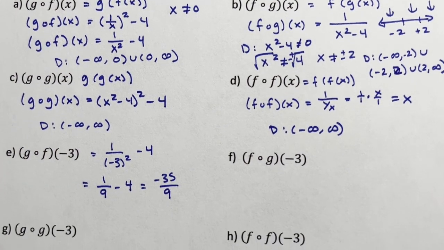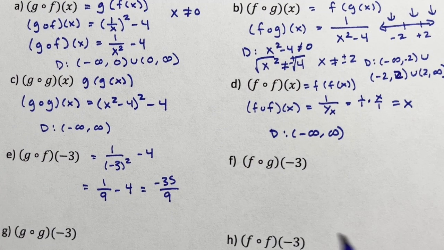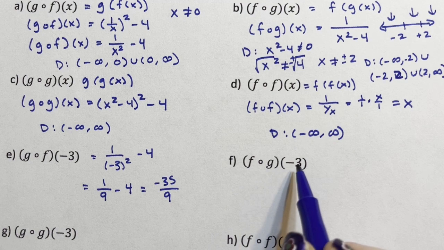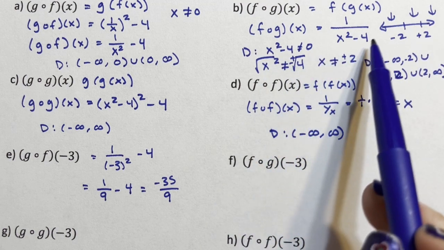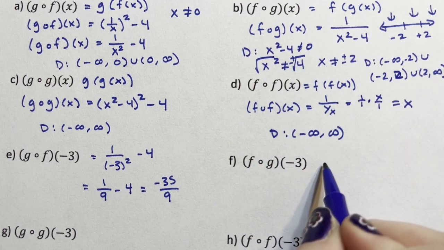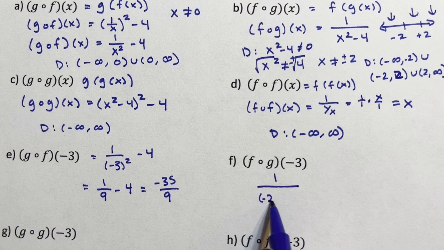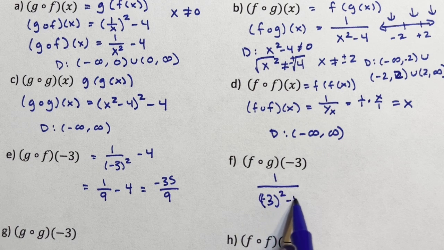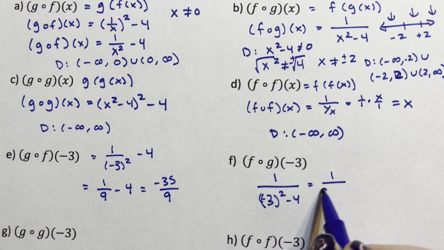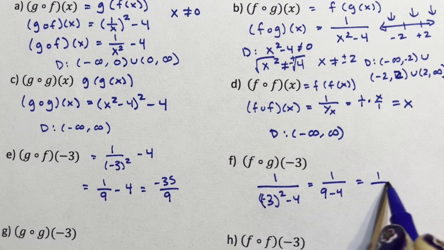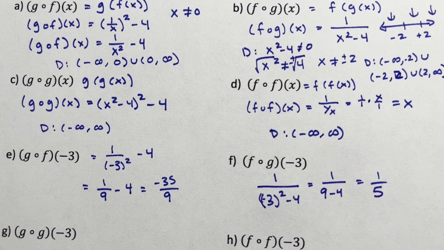So I'm going to use what I've calculated. For f of g of -3, I'm going to use this right here. So 1 over -3 squared minus 4, which is 1 over 9 minus 4, which is 1/5, which is fun.